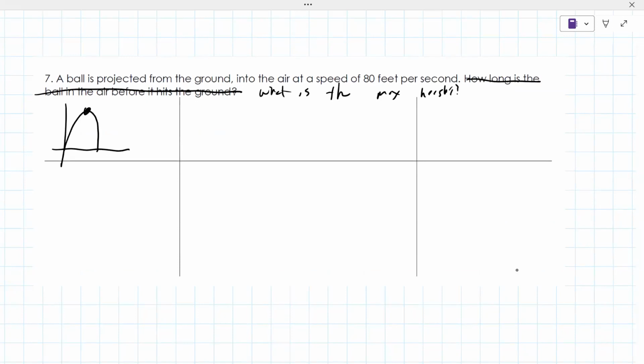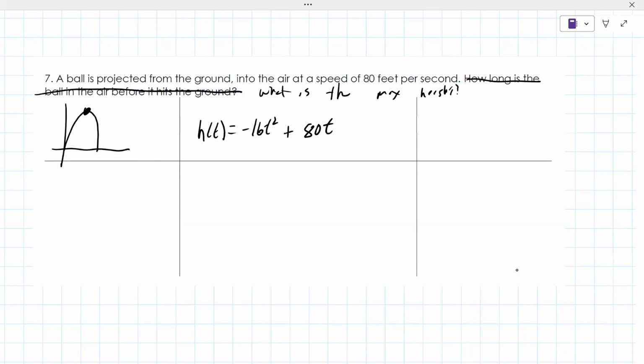What goes up must come down. We're looking for the max height, the vertex. So it's like you said, h of t equals minus 16t squared plus 80t. And what's the initial height that it starts at? From the ground, so it's plus 0.